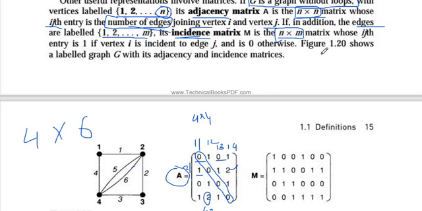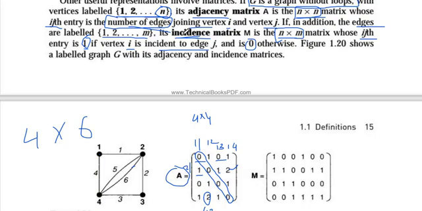Now what are the values of the n by m matrix? Its i, jth entry is 1 if vertex i is incident to edge j. Here we have only 2 entries, 1 and 0, for the incidence matrix.